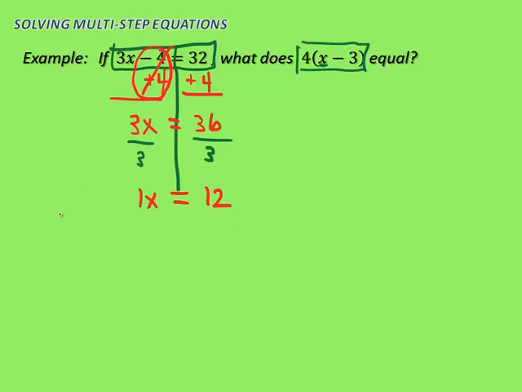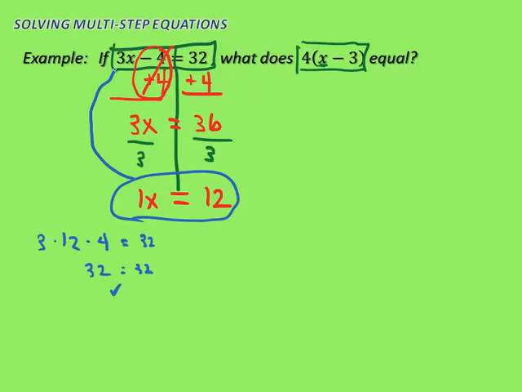I can check that by doing 3 times 12 minus 4, and that should give me 32. 3 times 12 is 36, minus 4 is 32. So I know that's right.